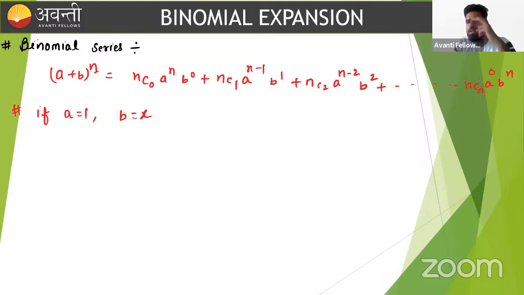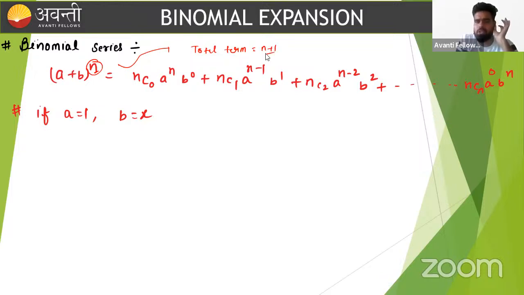First of all, one thing we have to keep in mind: if the power given is n, then the total terms involved in the expansion are n plus 1. First question to keep in mind: how many total terms after the expansion? That is n plus 1.